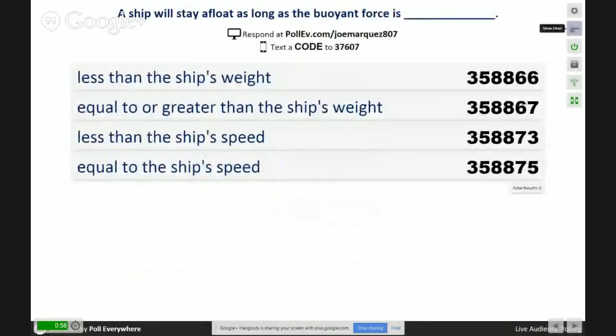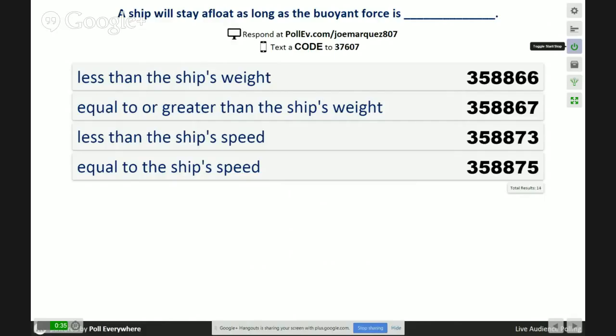A ship will stay afloat as long as what? Now, if you don't like ships, change it to something else. Anything.